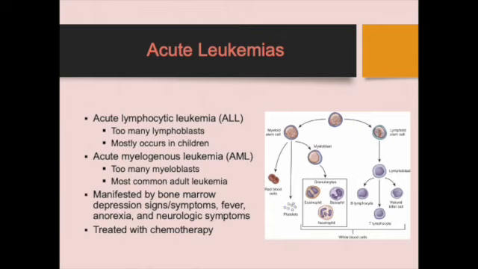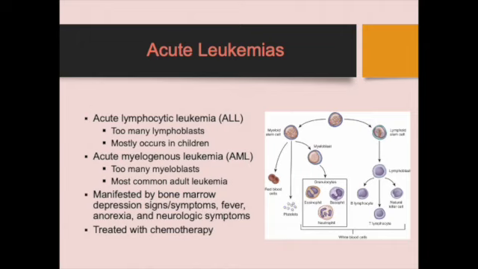Most of the clinical manifestations are going to occur within days to a few weeks of the first symptoms, and usually it's an abrupt stormy onset, which is more prevalent in ALL.